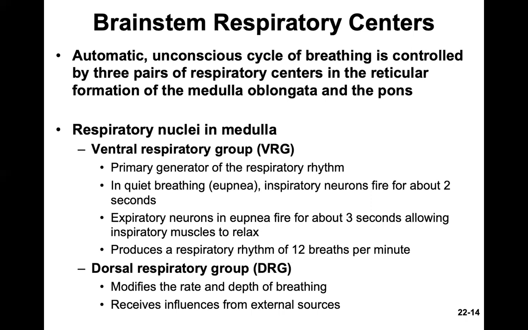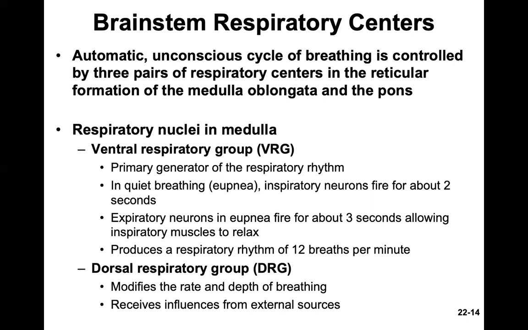This produces a respiratory rhythm of about 12 breaths per minute. So that inspiratory neuron firing for 2 seconds and your expiratory neurons firing for 3 seconds, again, will allow about 12 breaths per minute. Your dorsal respiratory group will modify the rate and depth of your breathing.